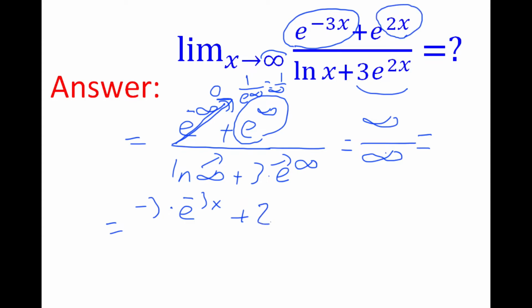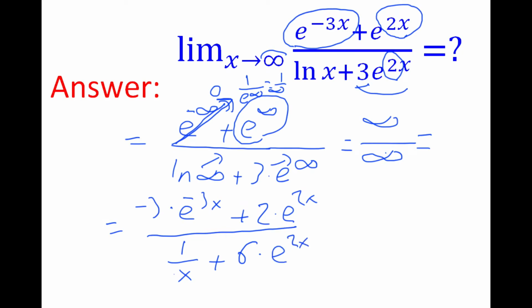So we're going to have 2 times e to the power of 2x, divided by the derivative of ln x, which is 1 divided by x, plus, again, the derivative of e to the power of 2x. From here we're going to have 2. There is also 3 as a coefficient, so if you multiply 2 by 3, then we're going to have 6 times e to the power of 2x.